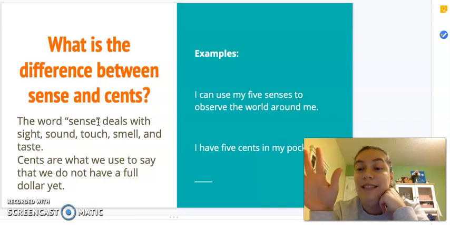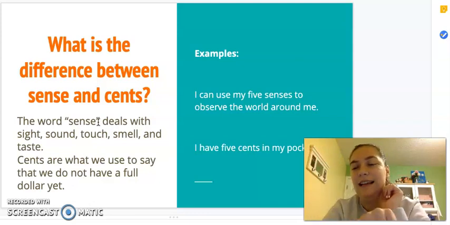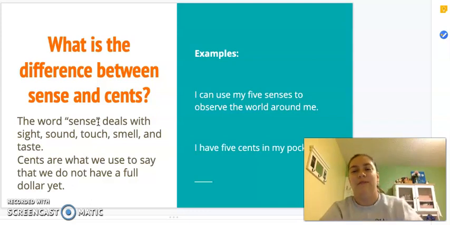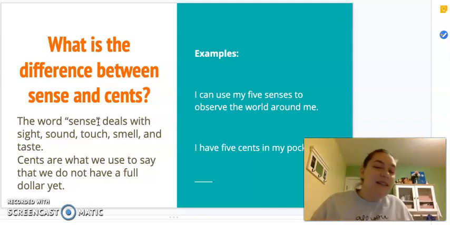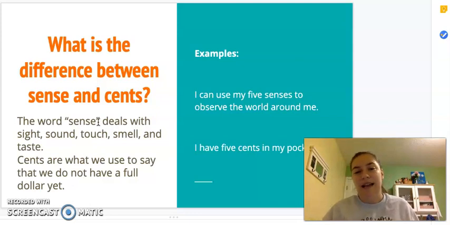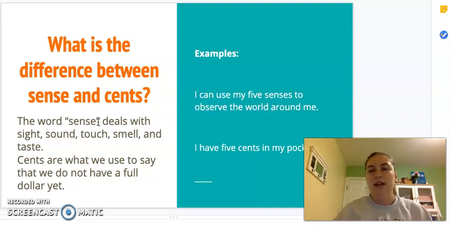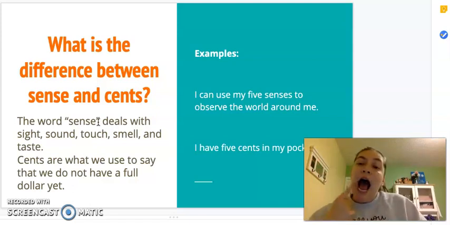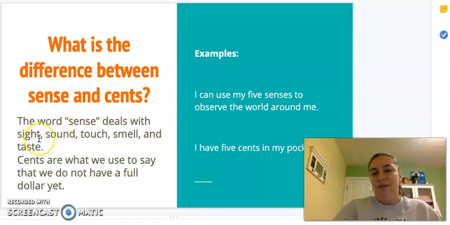So like the 5 senses. On the side it says an example, I can use my 5 senses to observe the world around me. That is not spelled the same as the money cents. Okay? 1 cent is not the same as the sense of smell or the sense of taste. Okay? So don't spell it the same.